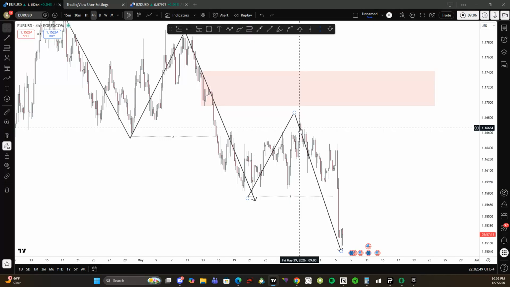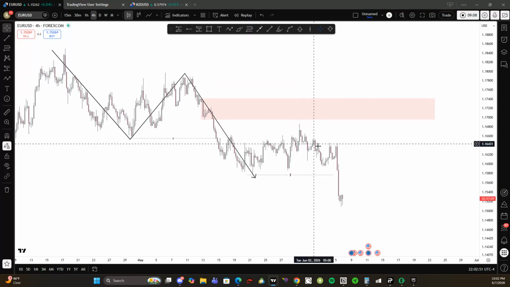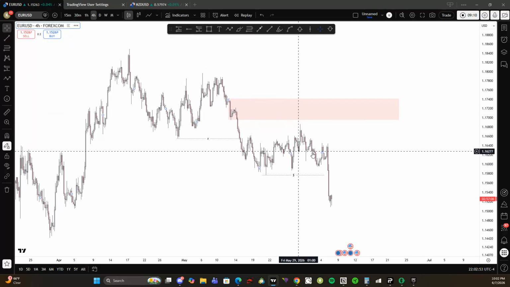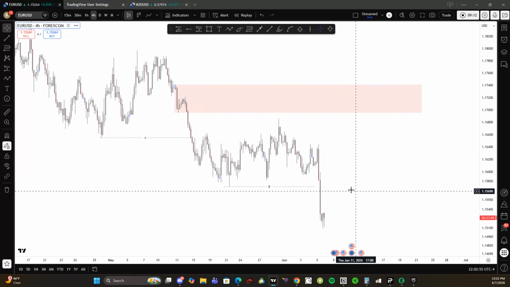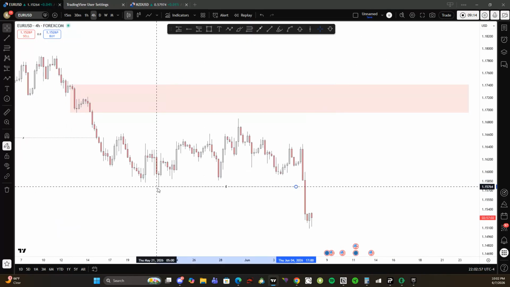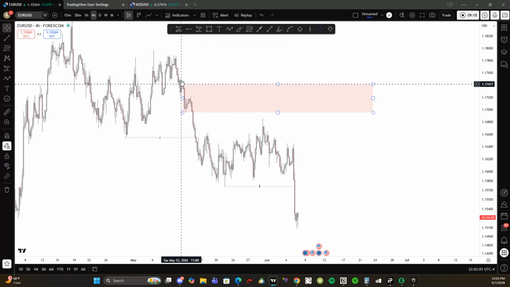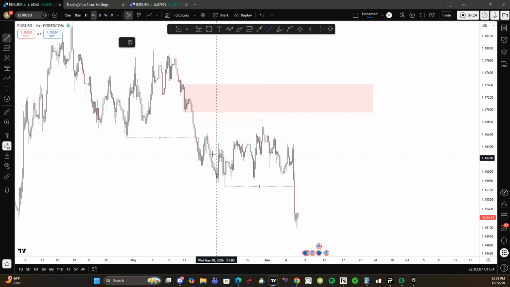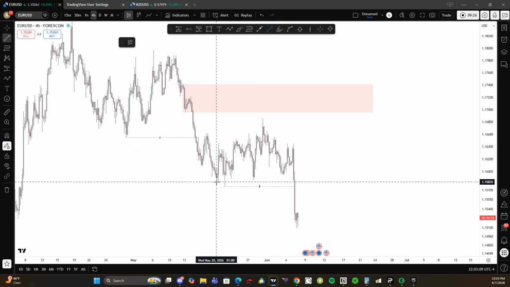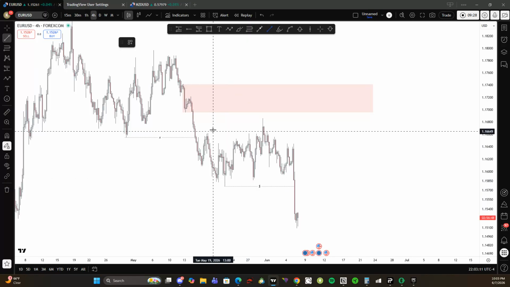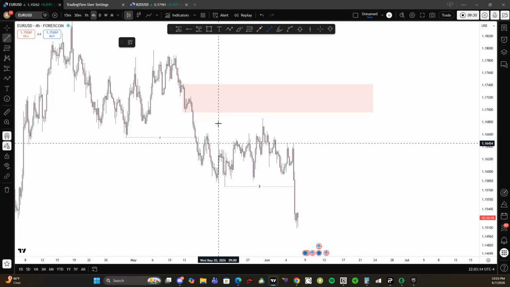So entry wise, what we're looking for is price on the 4 hour chart, the lower time frame, while making lower lows, lower highs on the higher time frame. On the lower time frame, we're looking for an uptrend. So we're looking for price here, lower low, lower high, lower low, lower high, lower low to start breaking towards the top side, which it did here.